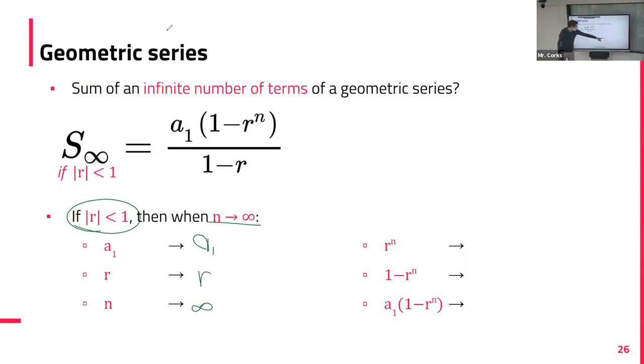So R to the exponent infinity will approach what, if the absolute value of R is less than 1?